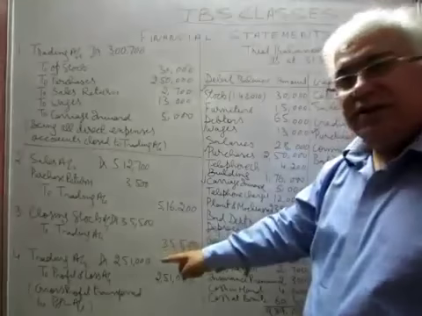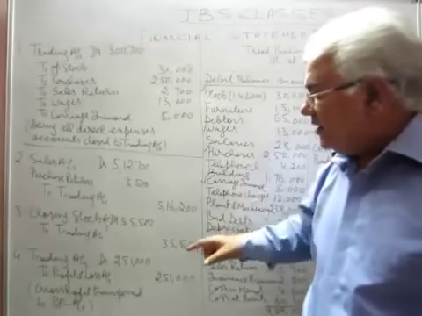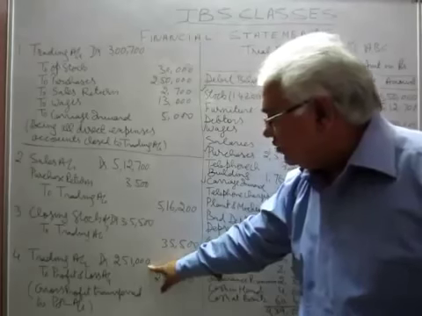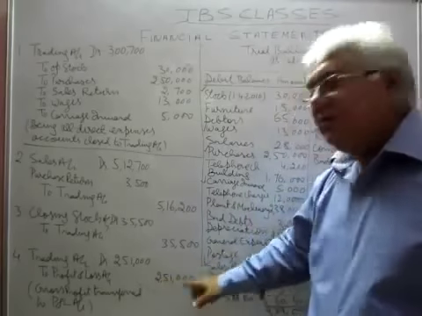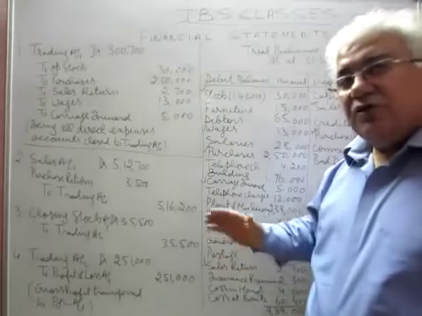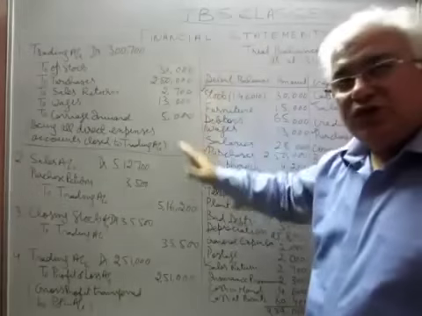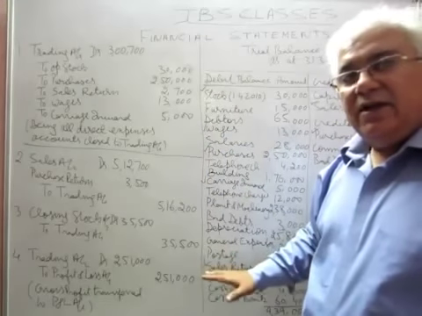So entry for transferring this from trading account to profit and loss account is trading account debited to profit and loss account with 2,51,000. So this is the way trading account is prepared, and these are all closing entries. Okay.